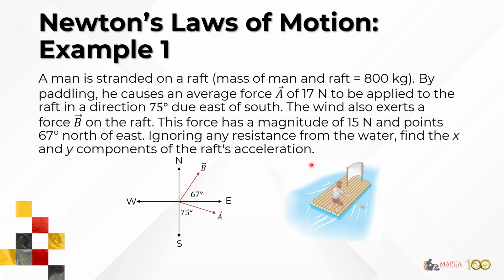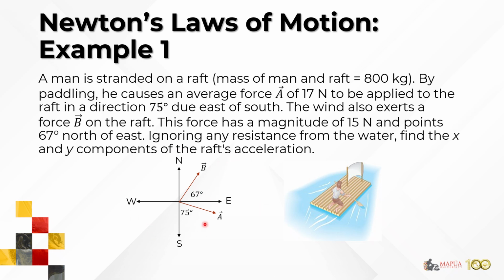So how do we solve for this? I would always recommend that we start with our free body diagram. If you watch our conceptual discussion, a free body diagram illustrates all the forces acting on an object.